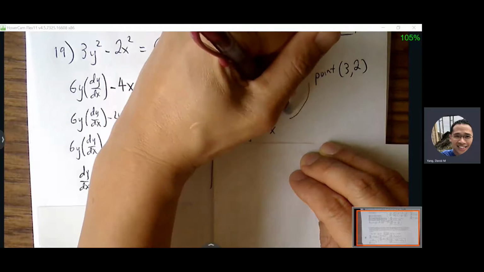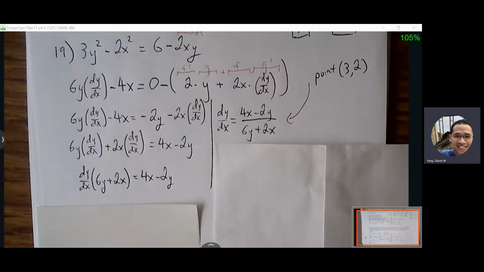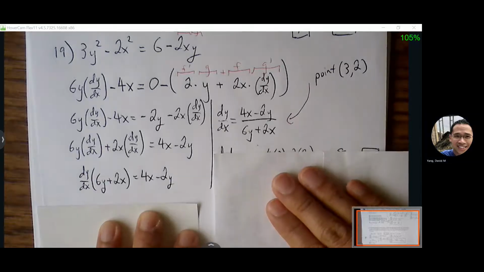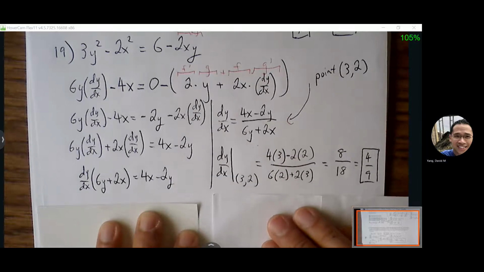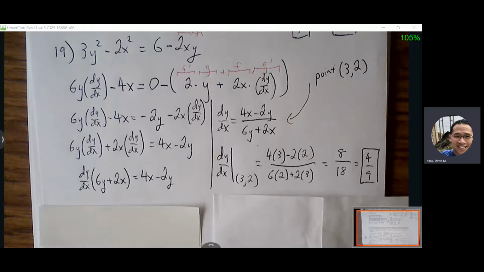Ordered pair 3, 2, we can now involve that with our derivative. dy dx, vertical line, ordered pair 3, 2. And insert and find your slope value.